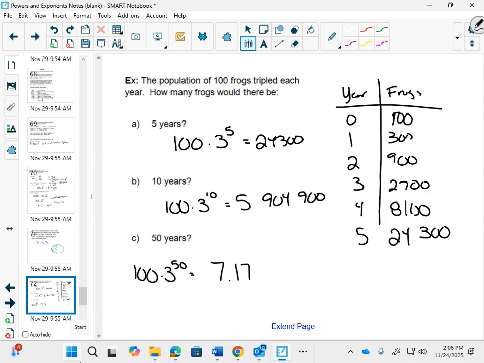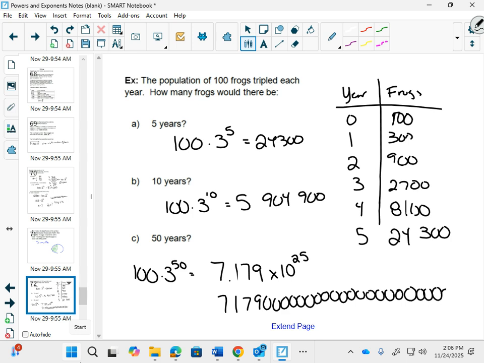I'm going to round to 3 decimals, and that E at the end means scientific notation, times 10 to the 25, which means this many zeros: 1, 2, 3, up to 25. That's about how big the number is supposed to be. That is too many frogs.